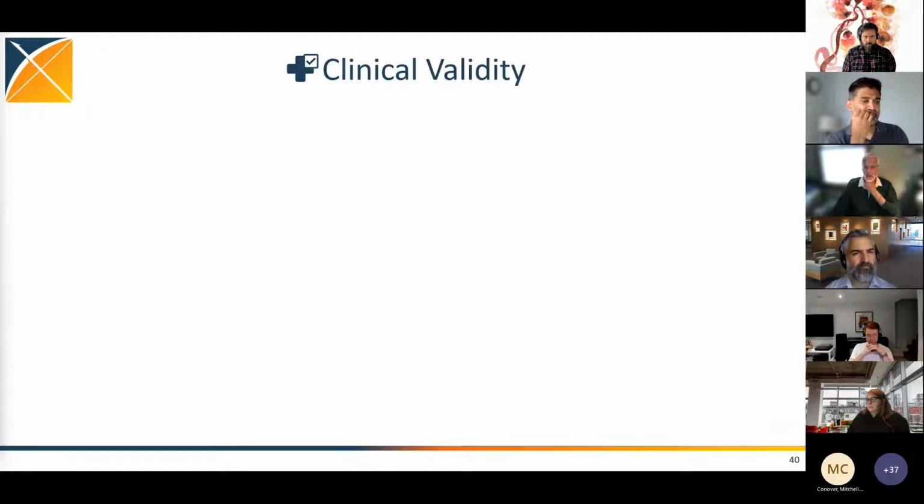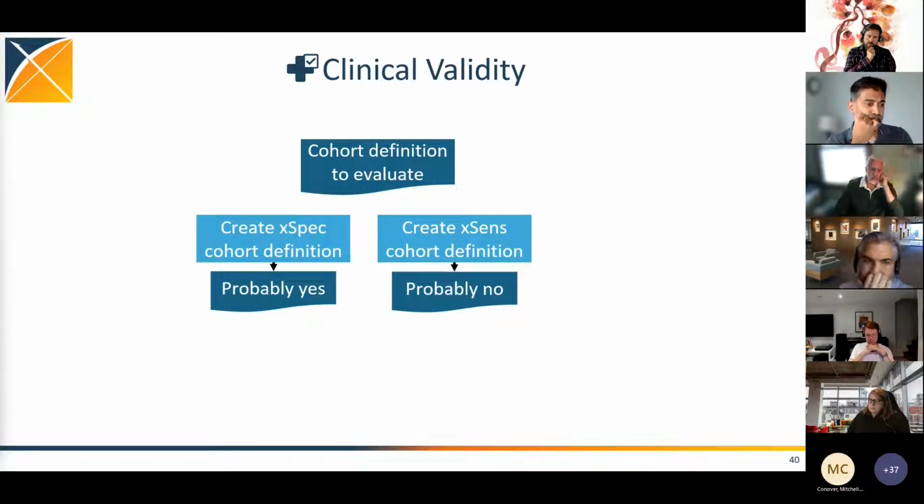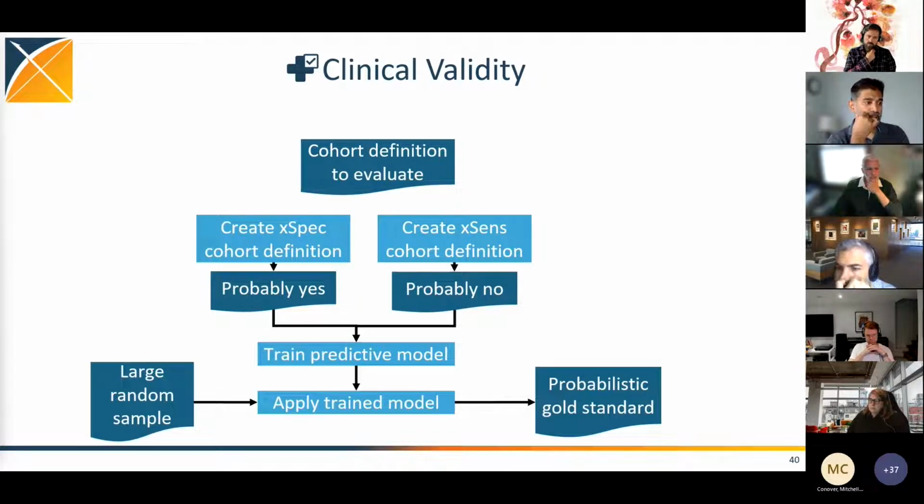As a review of the process, we start off with a clinical definition to evaluate. We create our X-spec and X-sens cohorts to be able to say who's probably a case and who is probably not a case. We train a predictive model using those cases and non-cases. We take a large random sample of people.